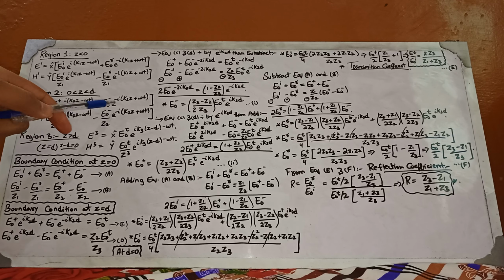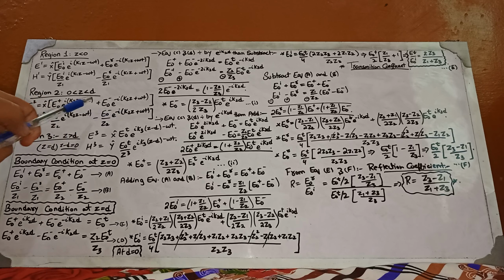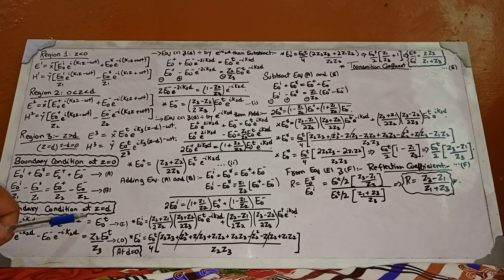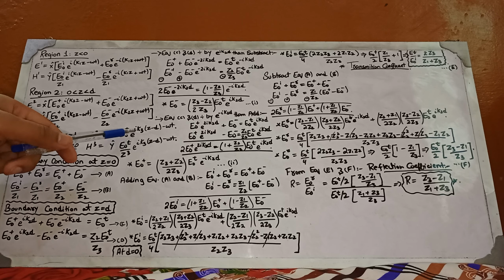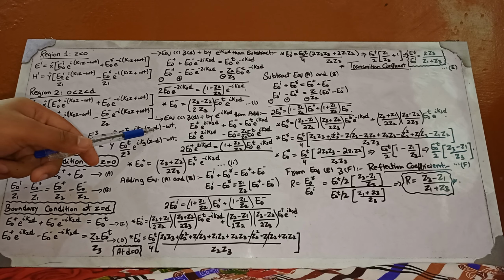Taking e^(iωt) common from each equation, it cancels, and you will be left with E0+ e^(iota k2 d) plus E0- e^(minus iota k2 d) equals the third region, which is E0t e^(iota k3 (z minus d)).